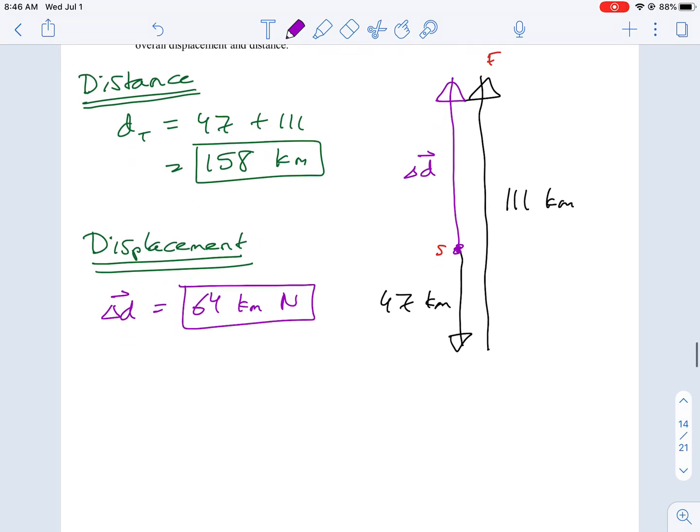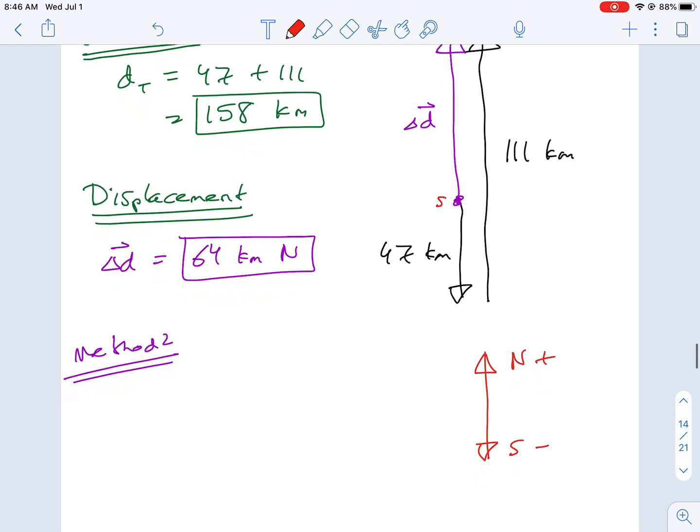But there is another method. So here comes method 2. Now method 2 is kind of related to the 47 and 111. We're now going to bring in a reference system. Let's say that north is positive and south is negative. Now, you have to be really careful here.